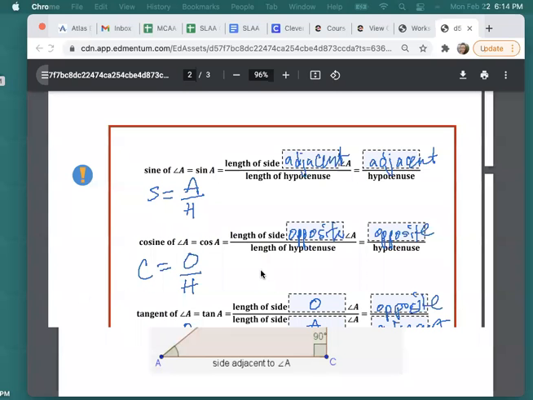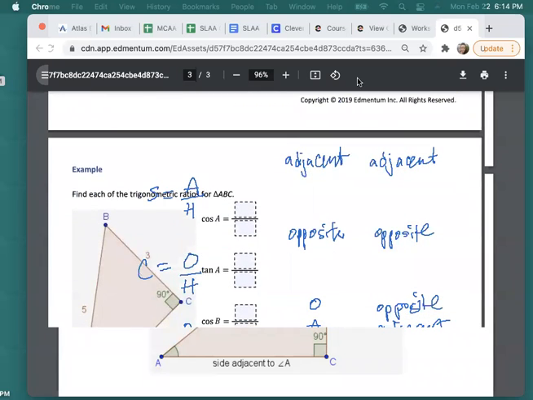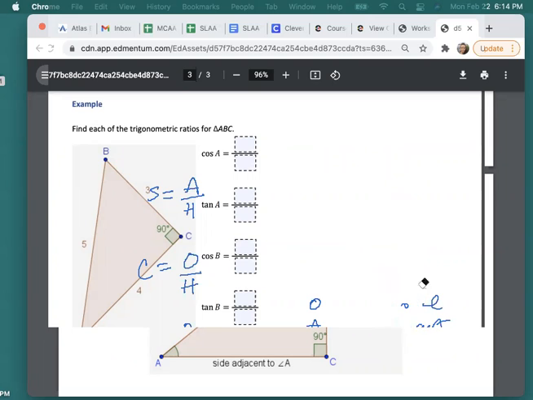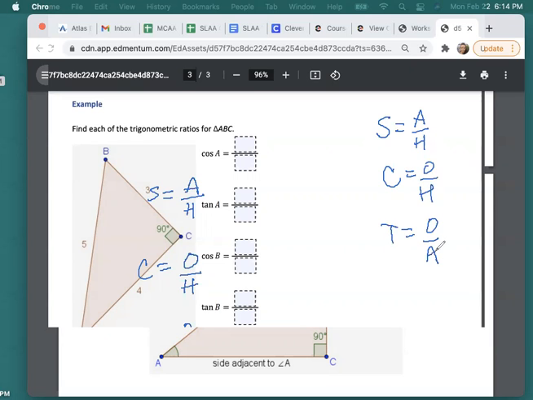Okay, so let me get my eraser and clean this up a bit. And I'm going to rewrite my things over on the other side so I have them handy. So sine is adjacent over hypotenuse, cosine is opposite over hypotenuse, and tangent is opposite over adjacent.